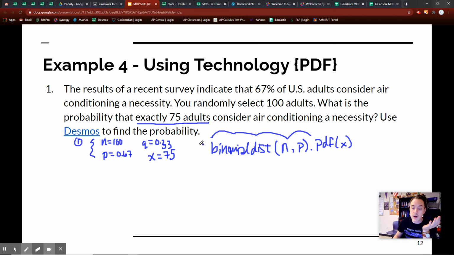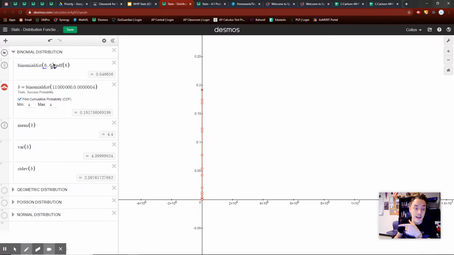You literally just put in your n right there first, comma, p, then x. So right here, that's n, that's your p, this is your x.